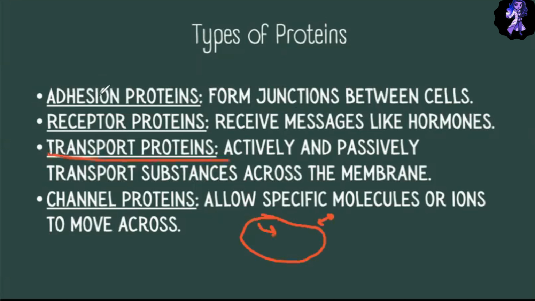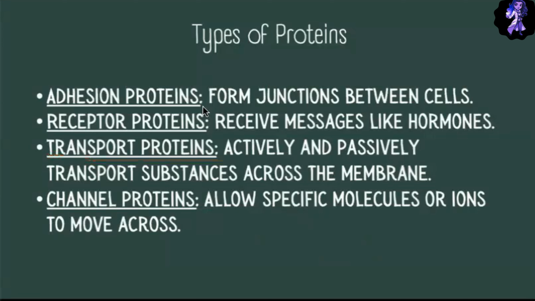And then to go to the top here, we have adhesion proteins. So what happens is you have cell to cell, and they end up connecting together. They form these junctions, and they adhere to each other to allow for items to go from one cell to the next, and that's called an adhesion protein.